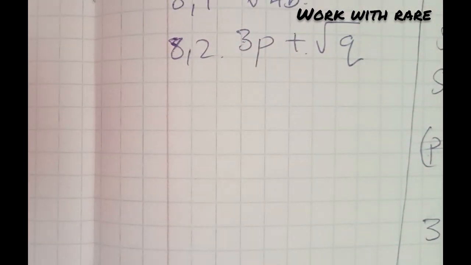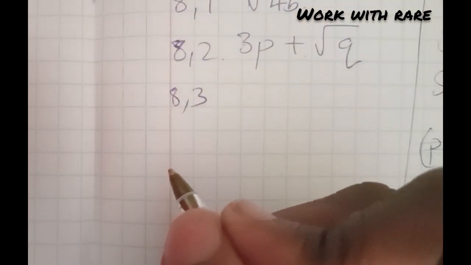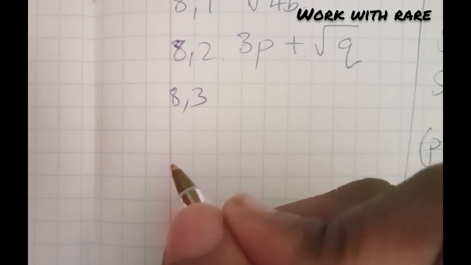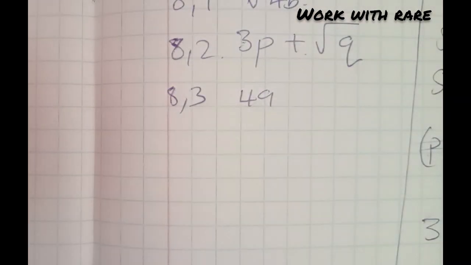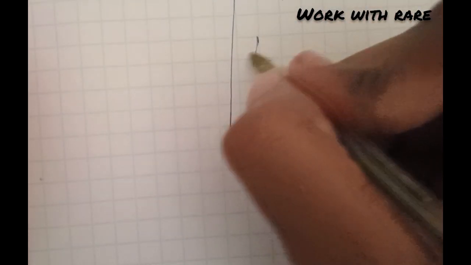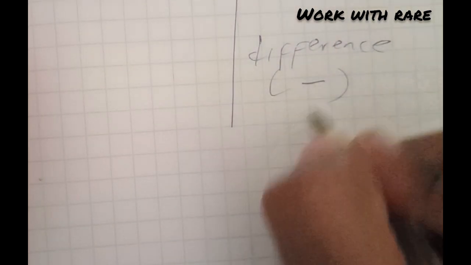So let's do 8.3. 8.3 says the product of 4 times a. Remember that it was 3 times, now it's 4 times a, which means we'll have 4a. And the difference between b and 7. The difference means subtraction.